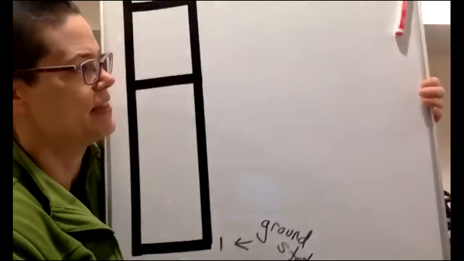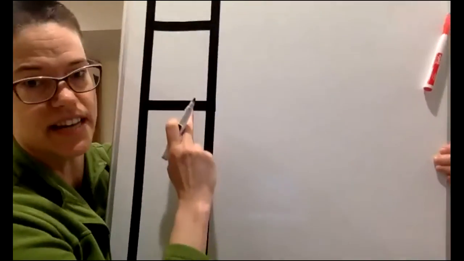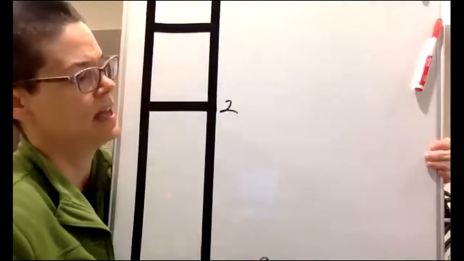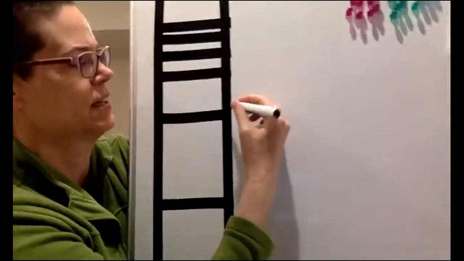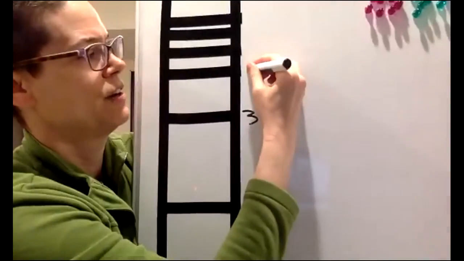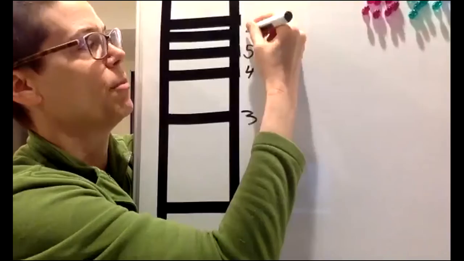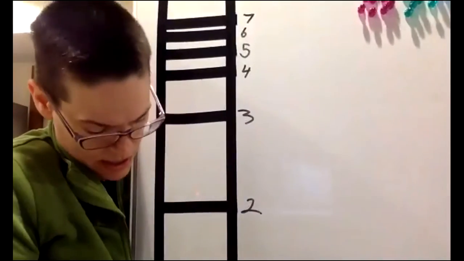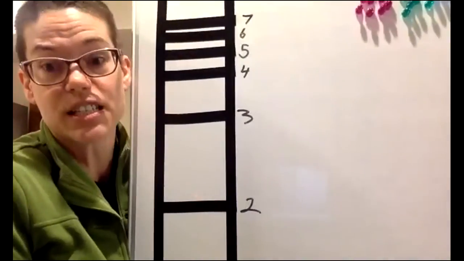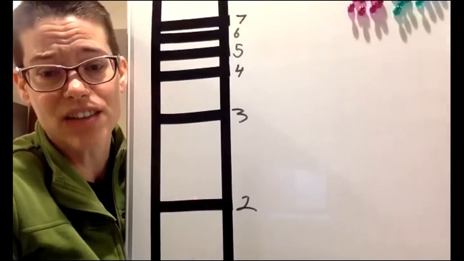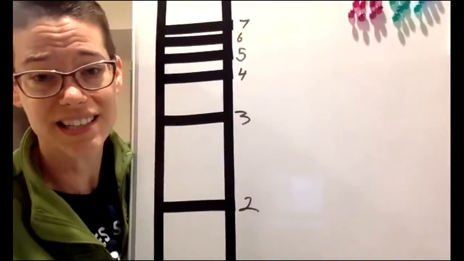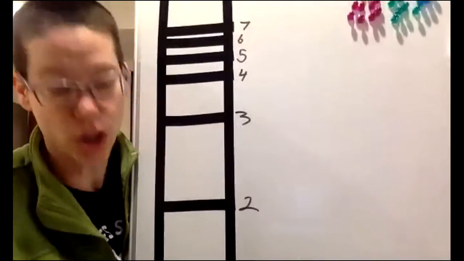Then as we move up, this next rung on my ladder would be 2. The next one above that is 3 and 4, and then they would keep going up, right? 5, 6, and 7. One thing to note is that these spaces on the ladder, as you go up into higher and higher numbers, farther and farther away from the nucleus, get very, very close together.